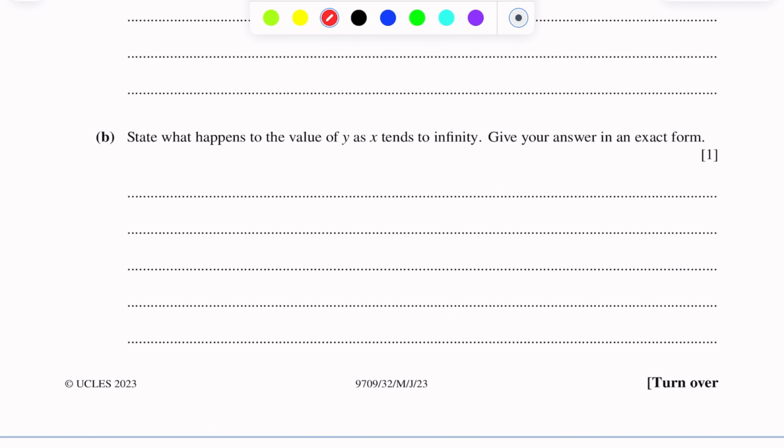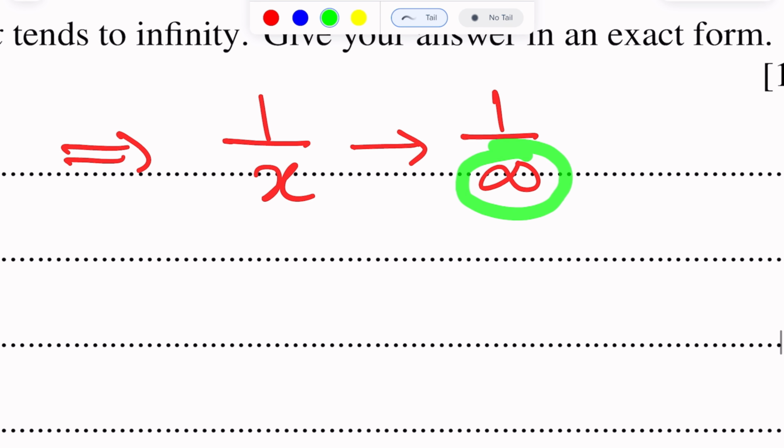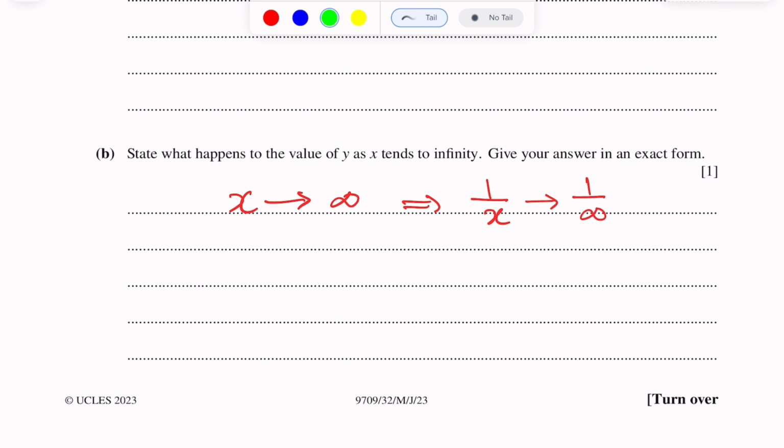We know that when x tends to infinity, then 1 over x tends to 1 over infinity. When infinity lies in the denominator, 1 over infinity is always 0. So 1 over x tends to 0.